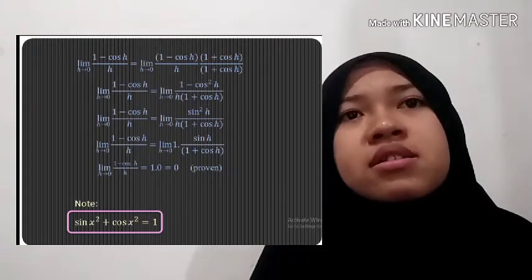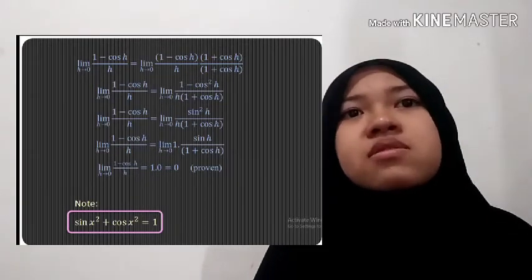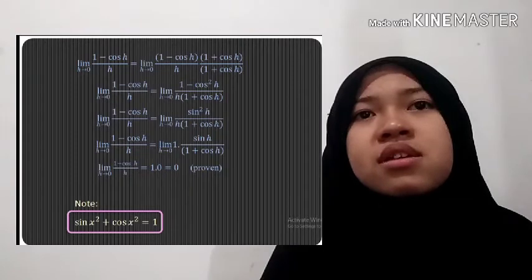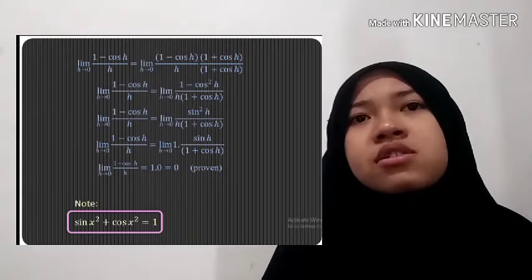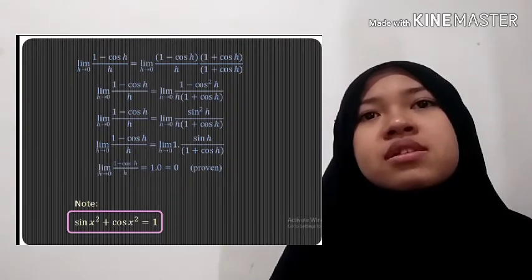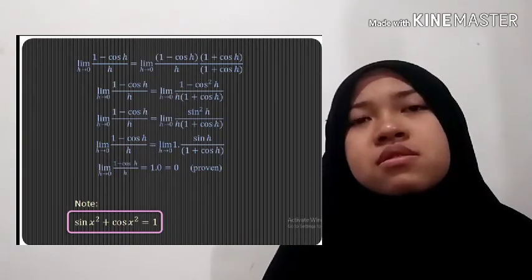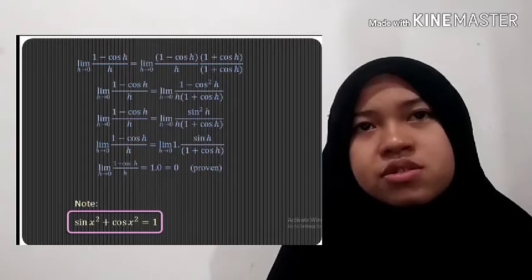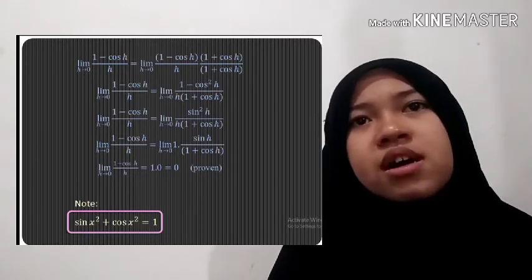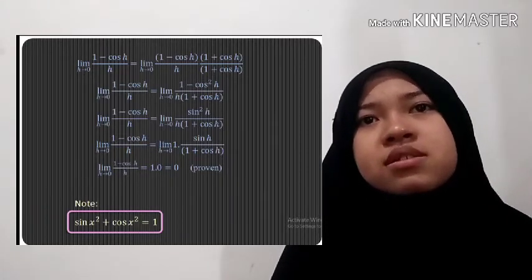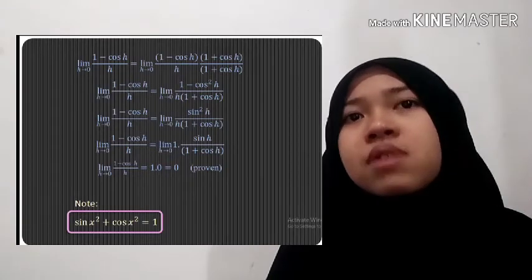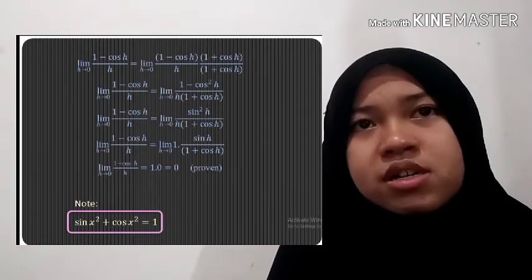So we get the limit as h approaches 0 of 1 minus cosine h over h times 1 plus cosine h over 1 plus cosine h. This is the identity, right? 1 plus cosine h all over 1 plus cosine h is equal to 1.